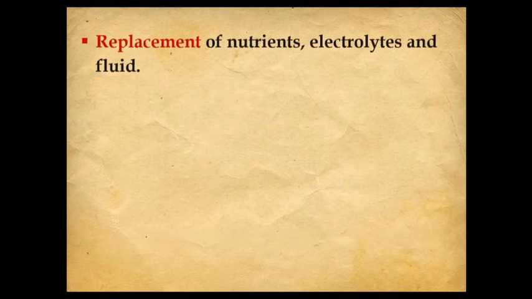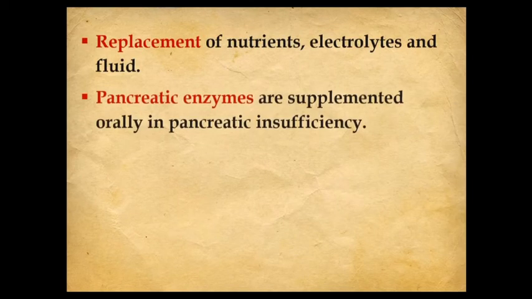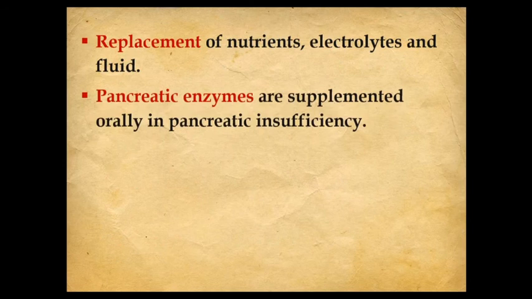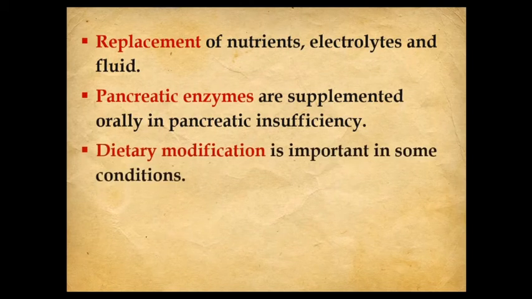If we talk about the management of malabsorption, there are specific and general outlines of management. Replacement of nutrients, electrolytes and fluid accordingly is at the top of the list. In cases of pancreatic insufficiency, the pancreatic enzymes should be supplemented orally. Dietary modification is important in some conditions, and the example here is celiac disease.